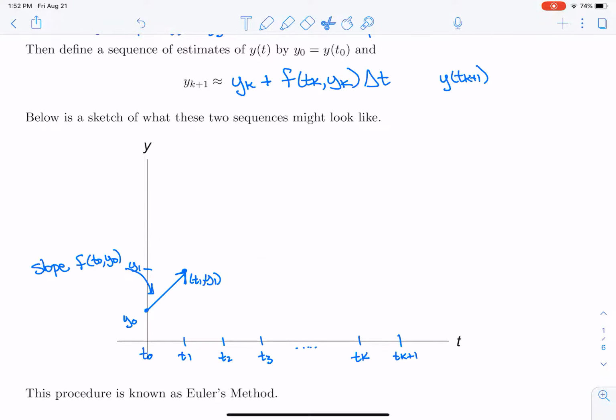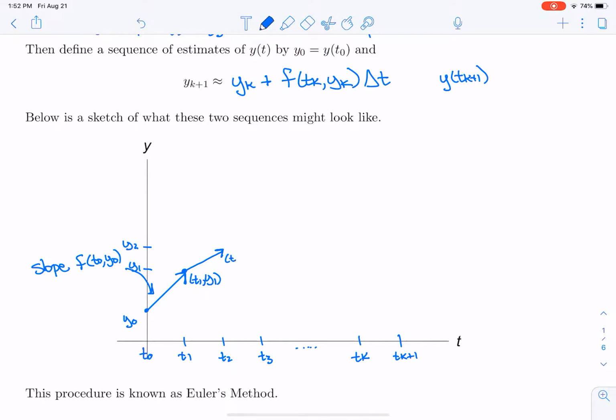Okay, so now that I've got my first point, y1 is going to be y0 plus the slope evaluated at t0, y0 times delta t. Okay, then at that point, I'm going to reevaluate the slope. And I'm going to follow that slope for another delta t, which will lead me to another estimate y2. And y2 is estimating y of t2.